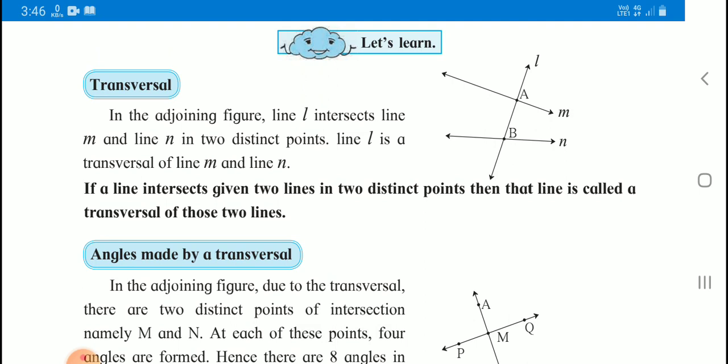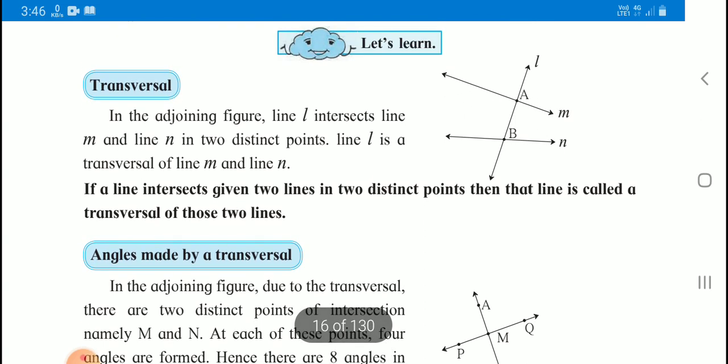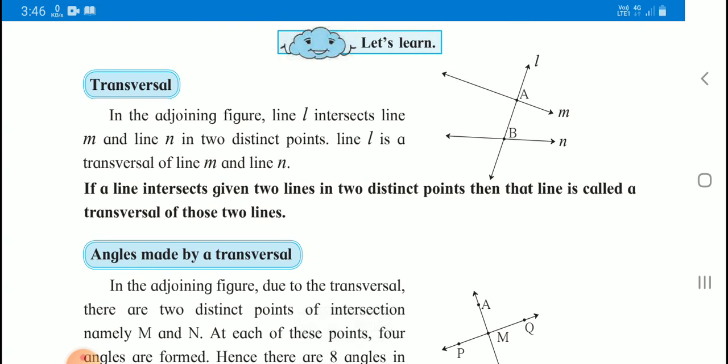So here AB is the intercept formed by the lines M and N and the transversal L. Now the definition of transversal is: if a line intersects given two lines in two distinct points, then that line is called a transversal of those two lines.